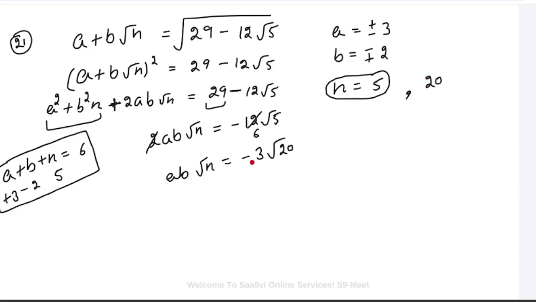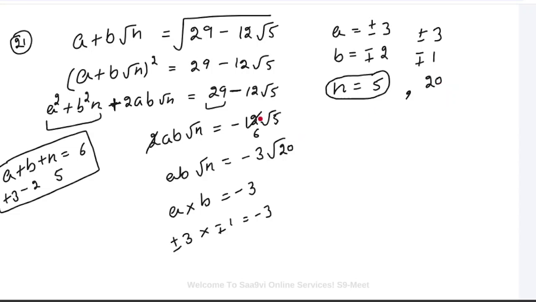And a into b is minus 3. That means it can be plus minus 3 into minus plus 1. So here a can be plus minus 3 and b can be minus plus 1. So that is another option I have. And here if I add a plus b plus n, then I can get 3 minus 1, 20, 22.